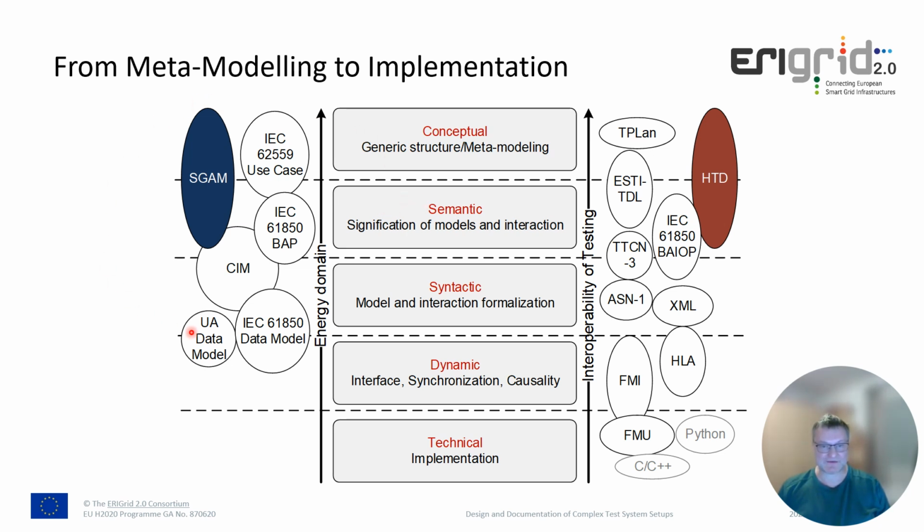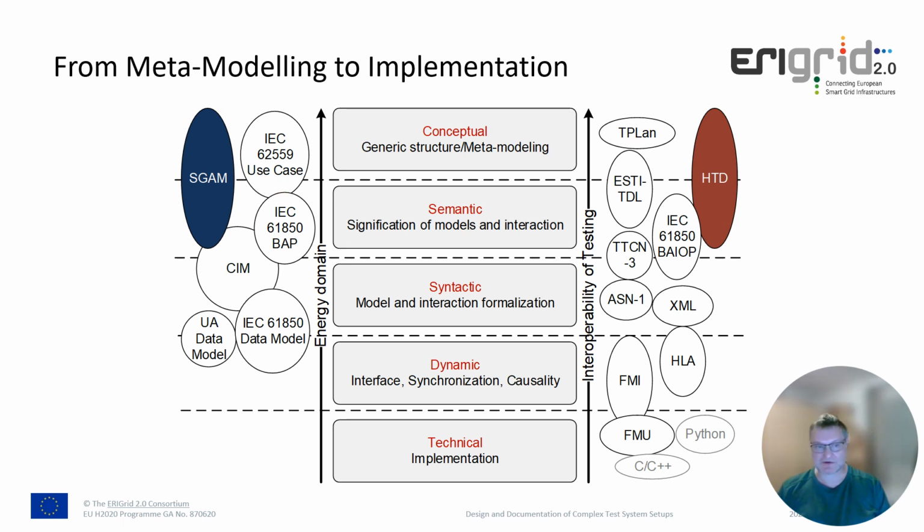On the right-hand side, you see from the energy domain different very well-known approaches, like the use case methodology according to IEC 62559, the IEC 61850 interoperability approach that also introduces semantic and data models for substations and distributed energy resources. Then we have the CIM, the Common Information Model, for describing the whole power system, kind of a domain ontology, and also the smart grid architecture model that acts more on the conceptual and semantic side.